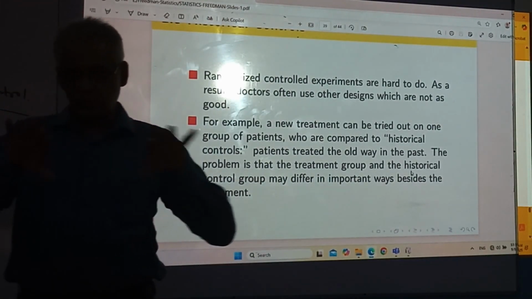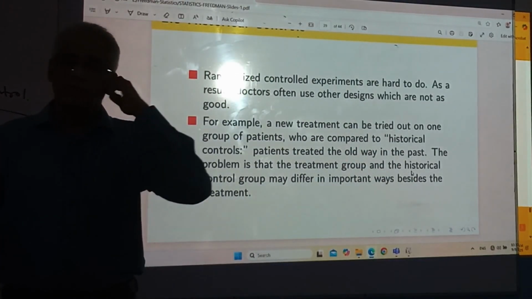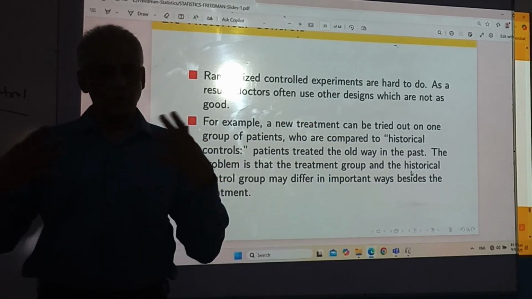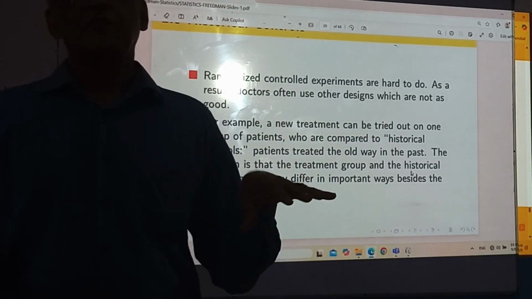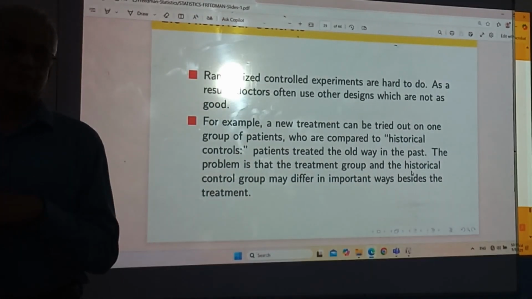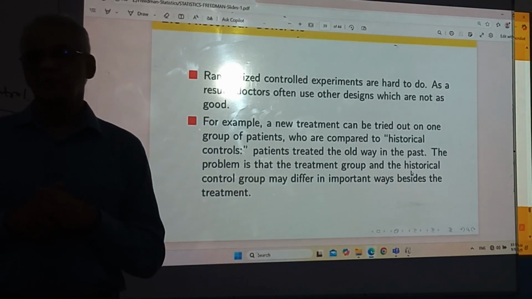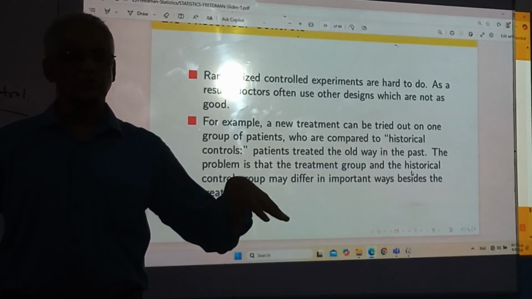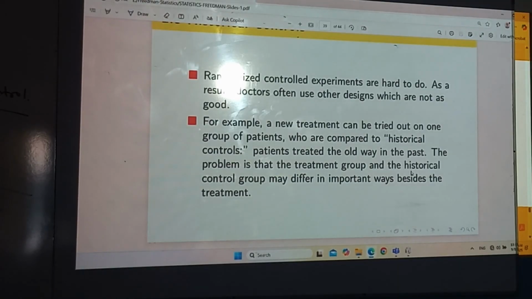You have to have the two groups, one getting the treatment and one not getting the treatment, and these two groups should be very similar in all possible ways, except whether they are getting the treatment or not. So if there are any possible confounders, those confounders should be similar in both groups. Right? But getting these two groups is not always easy.